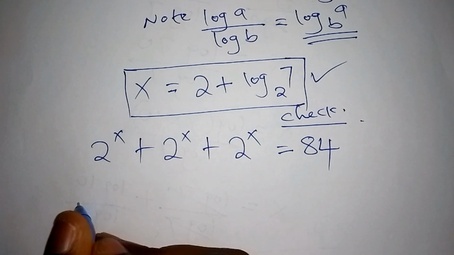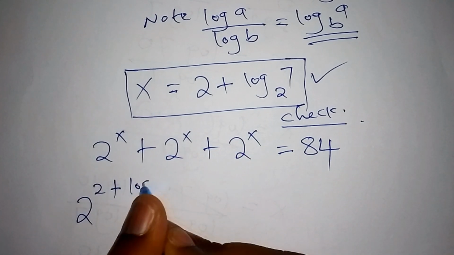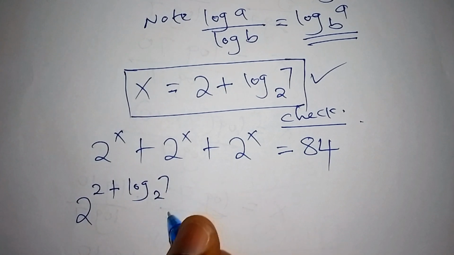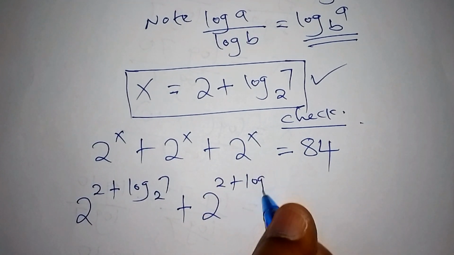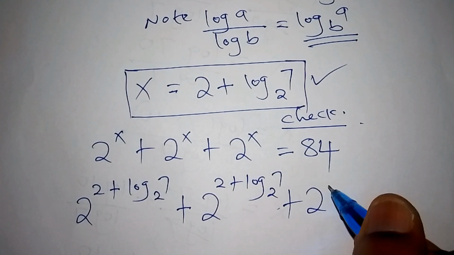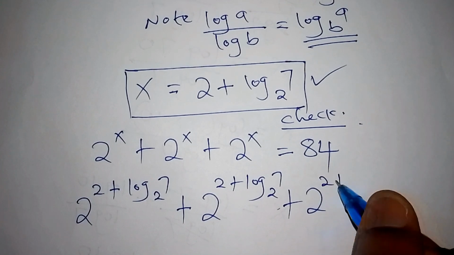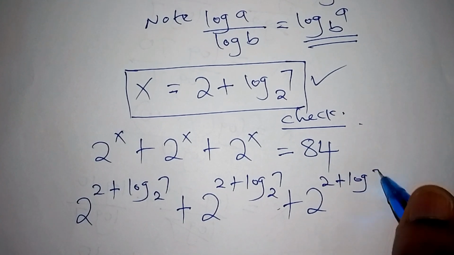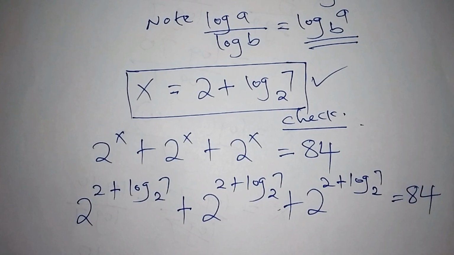So now we shall have 2 to the power of 2 plus the log of 7 to base 2, plus again 2 to the power of 2 plus the log of 7 to base 2, plus 2 to the power of 2 plus the log of 7 to base 2, which shall give us 84.